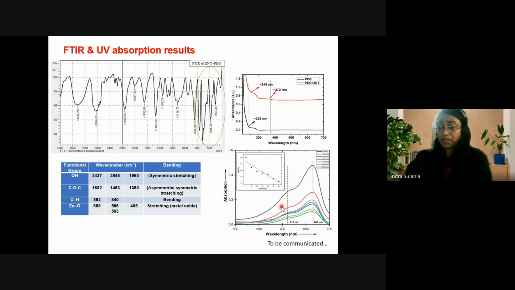This PEG acts as a barrier to stop them from recombining. As we increase the UV exposure time, you can see the intensity of the absorption going down, which indicates that the methylene blue dye is completely getting degraded.